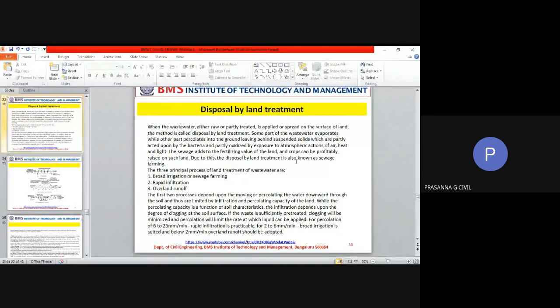We also have a psychological block when we talk about sewage farming, because actually treated wastewater has to be used, but there are places where they normally try to use untreated waste also, and they grow vegetables, leafy greens, etc.